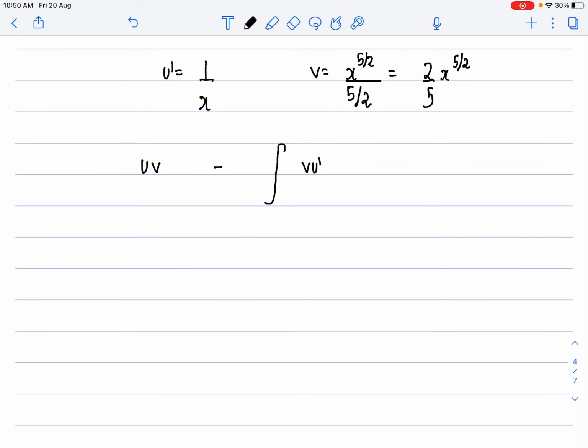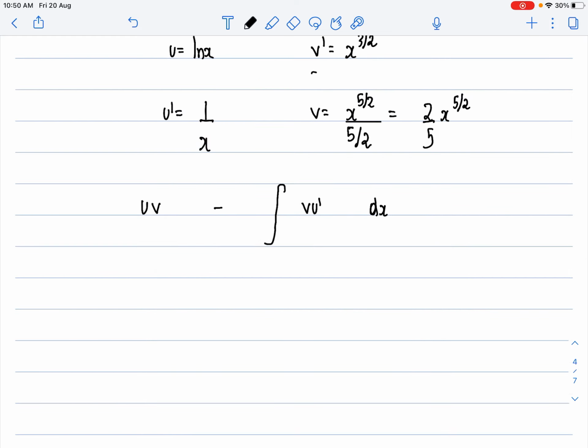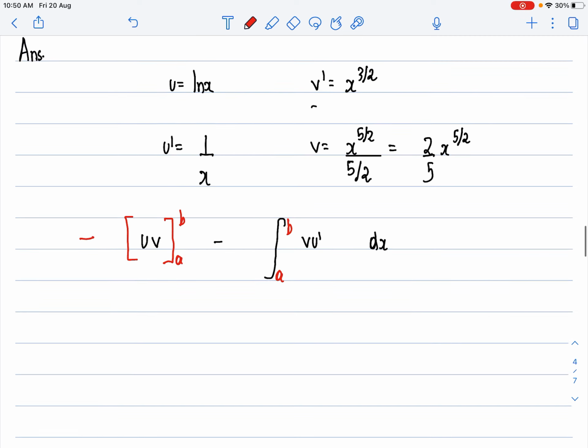Now because you have limits, there's a change in formula which you need to know. It's a very small change. Basically with u into v, you add limits, which are a and b, and here also you have limits, which are a and b. So this is another thing which you need to notice, okay?